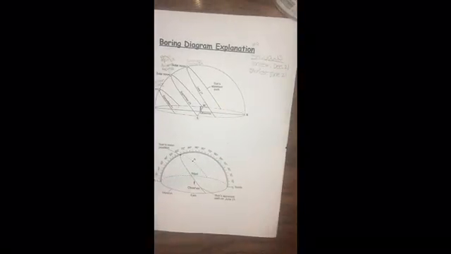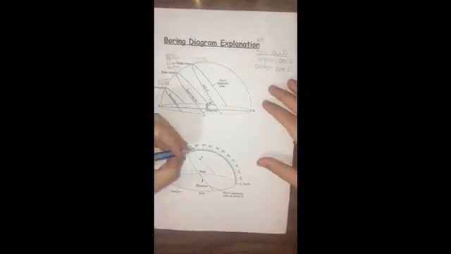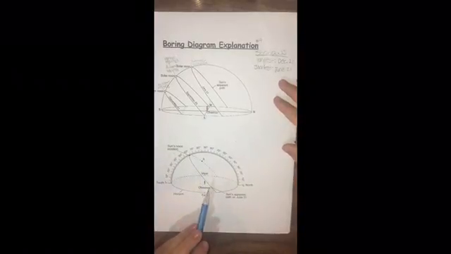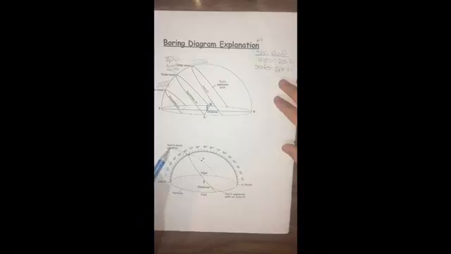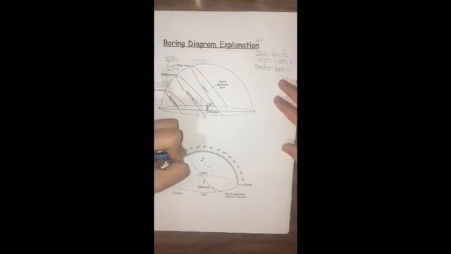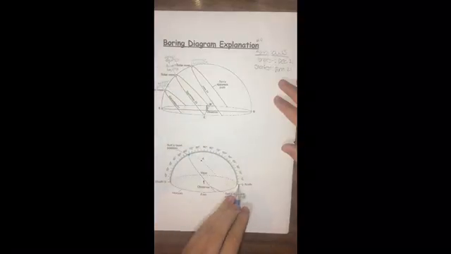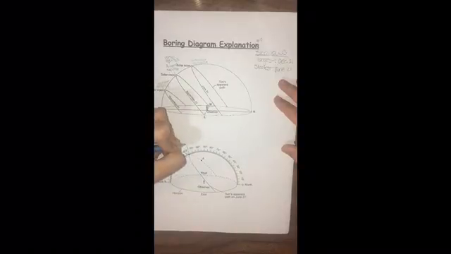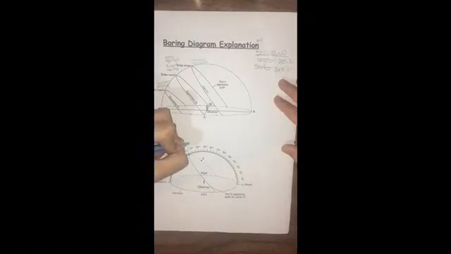Okay. So, on this diagram, we see the sun's noon position. But we can also infer from it being north of east and west that this is the summer solstice.